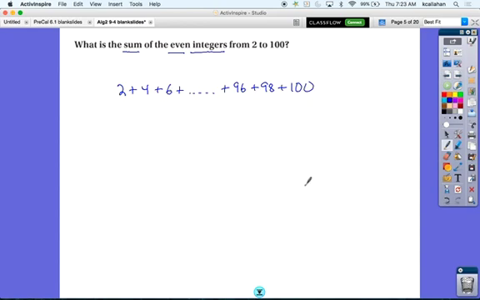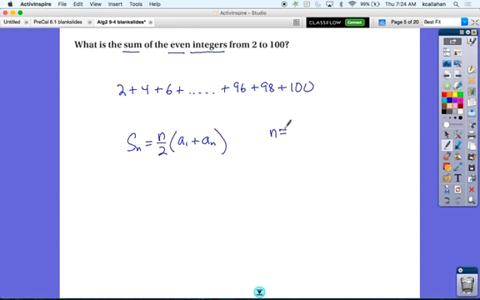So let's see how our formula applies to this. Sn equals n over 2 times a1 plus an. Again, the n is the number of terms. That might be one of the trickier things to figure out here.